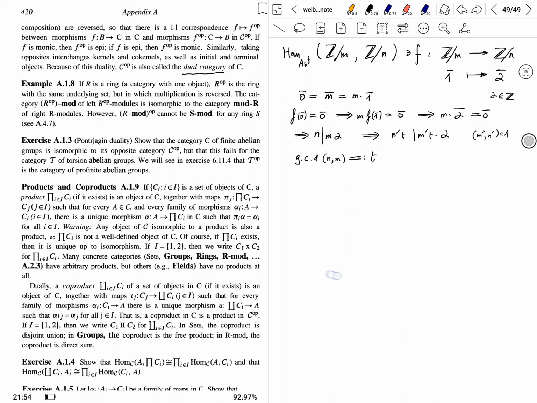And so this implies n' divides m' alpha, so n' divides alpha. Basically, this is the only restriction. This is telling that your alpha has to be divisible by n divided by t.